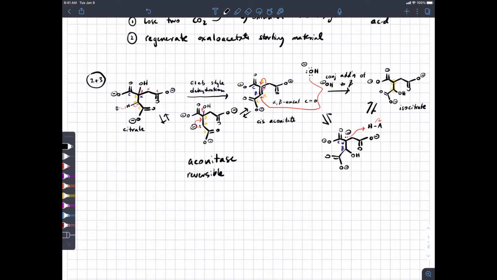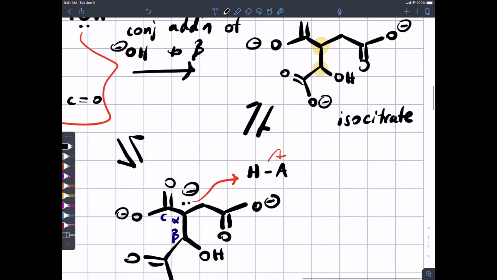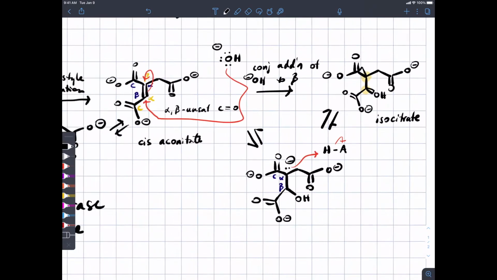If you want to actually see the stereochemistry, it's up there and it's up there. But as I said, I don't particularly care that you know that; the stereochemistry would of course be controlled by the enzyme. And I kind of don't like the way I drew all of that.